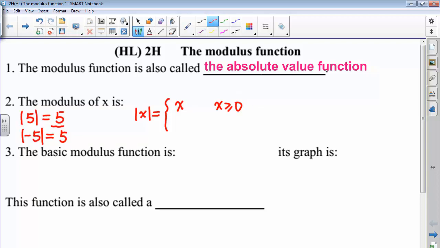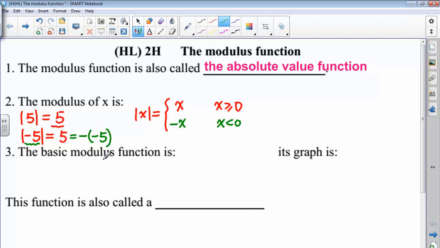But if the inside number is a negative value, negative 5 for example, if we remove the absolute value symbol, we need to put a negative sign to show this is a positive number. When we take off the absolute value, we need to put a negative sign outside the negative 5. So negative 5 becomes positive 5.